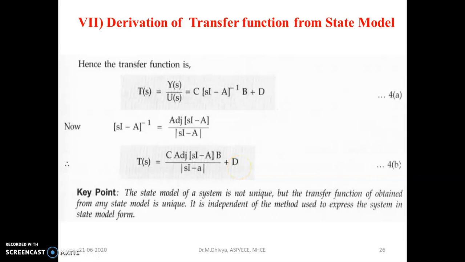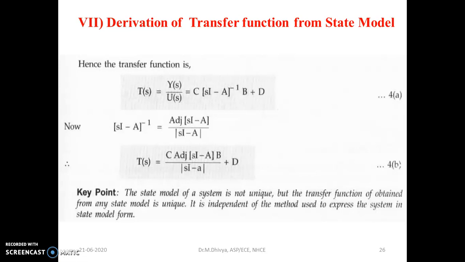We have to note that the state model of the system is not unique, but the transfer function obtained is unique. It is independent of the method used to express the system in state model form. This concept has to be clearly understood.